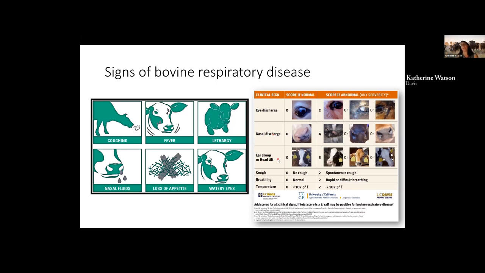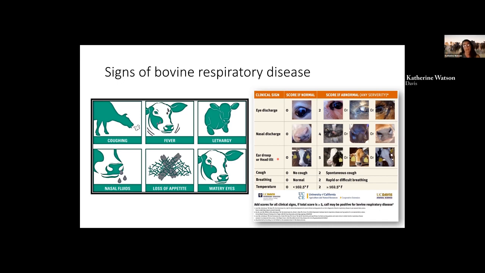This is because one of the agents that's implicated in bovine respiratory disease is mycoplasma, and it really likes the inner ear, and that throws off your equilibrium. So then you might tilt your head because you have bacteria and inflammation in that inner ear.